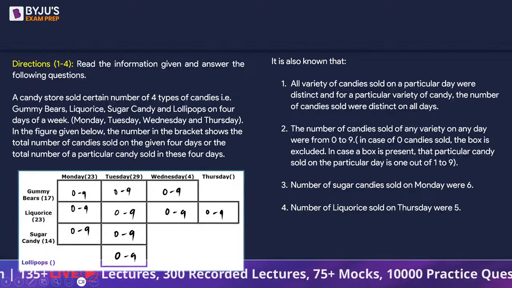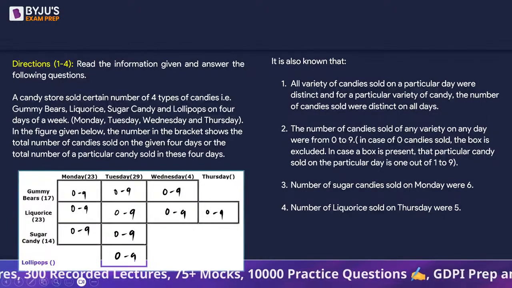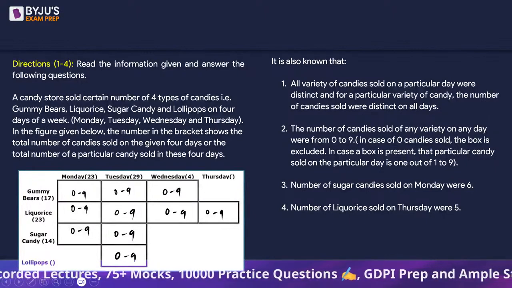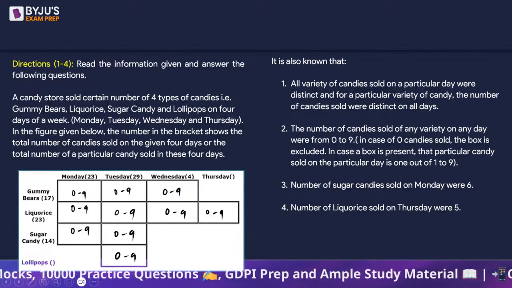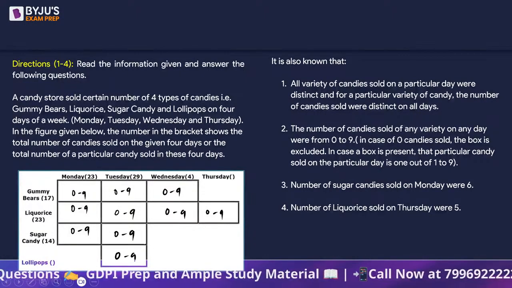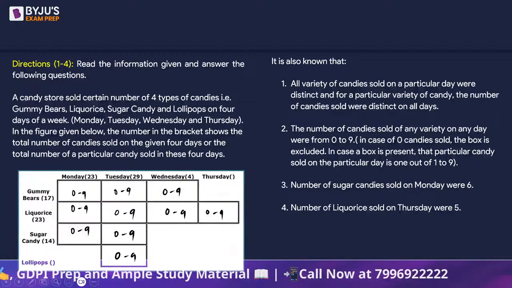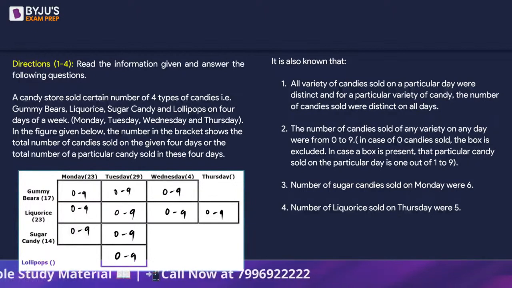The number of candies sold of any variety were 0 to 9, and that particular candy sold on the particular day is 1 out of 1 to 9. So if you talk about lollipops here, it's going to be 1 to 9. So basically it's not 0 to 9.